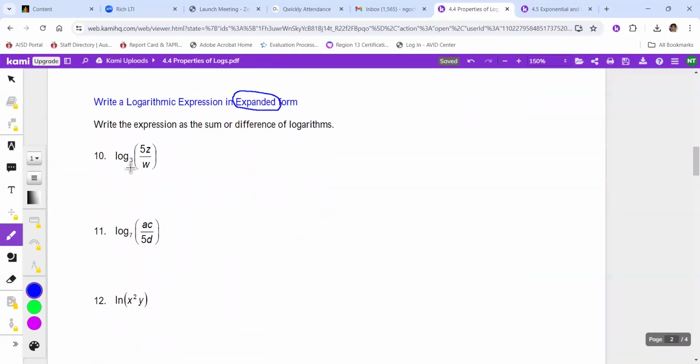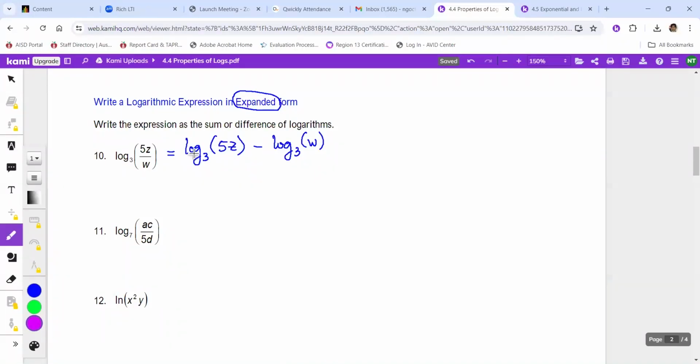We have log base 3 of this quotient, 5z divided by w. The first step, we are going to apply the quotient property first. So that will give us log base 3 of 5z minus log base 3 of w. So that will be step 1.